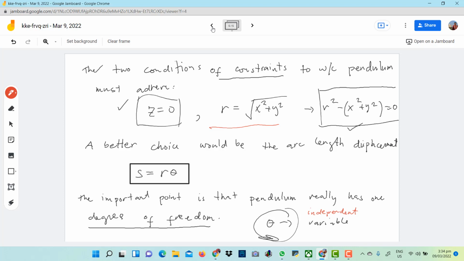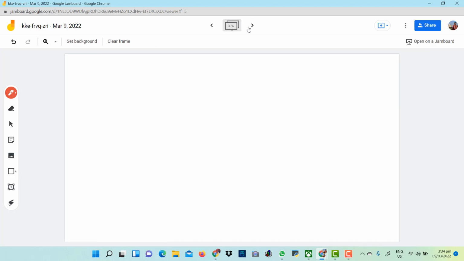So, there is only a single independent coordinate necessary to depict the position of your system, the configuration of your system. So, generalized coordinates are defined as this. We have coordinates, and we will define generalized coordinates.